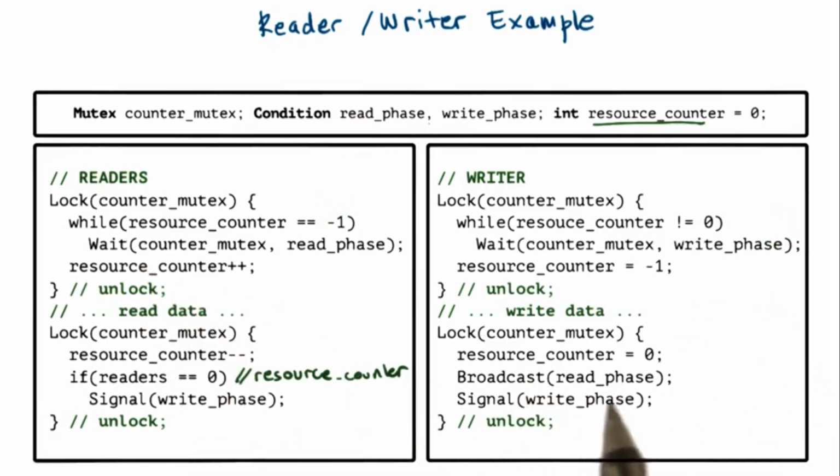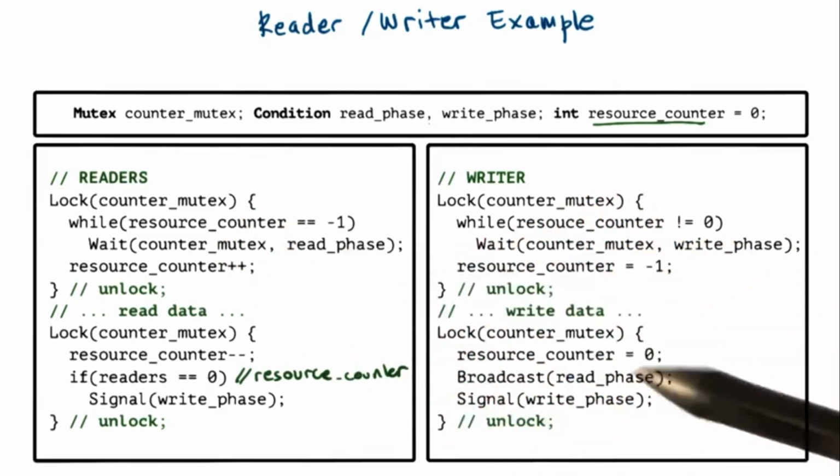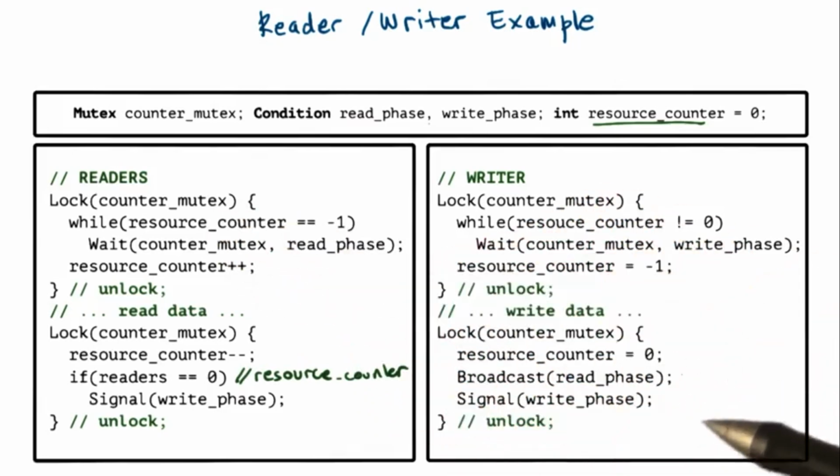Whether the readers will be really the first ones to execute or the writers, that we really don't have control over. It really depends on how the scheduler ends up scheduling these various operations. So the fact that we first call broadcast versus signal is really just implicit that the readers are given some kind of priority over the writers. We have no control over that.